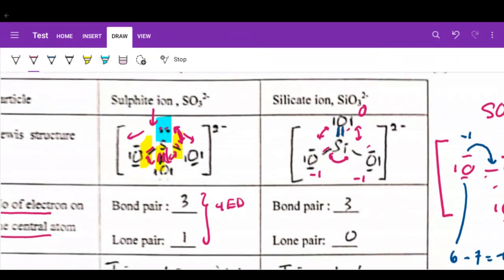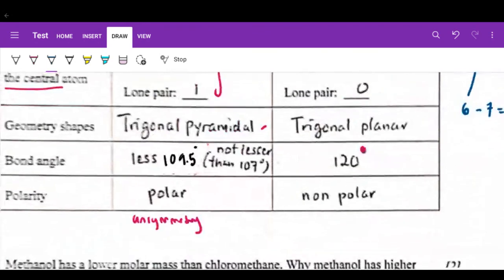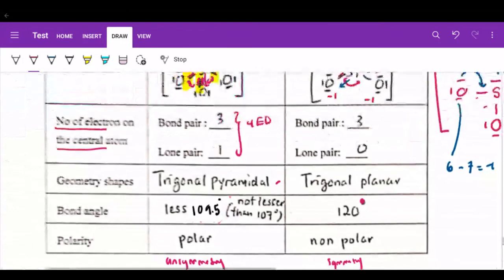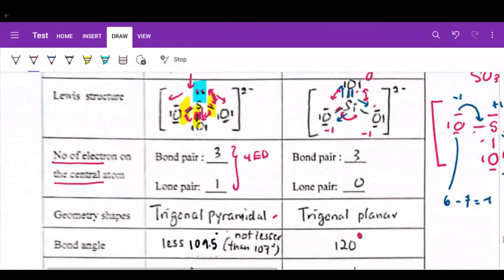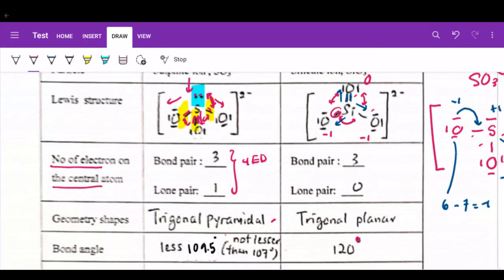Compared to the silicate ion, which has no lone pair, the attraction towards oxygen is equal from all directions. That's why this is symmetry. Symmetry meaning that the force of the bonding electrons towards the more electronegative atom is equal in all directions.